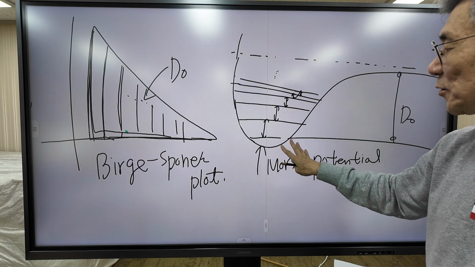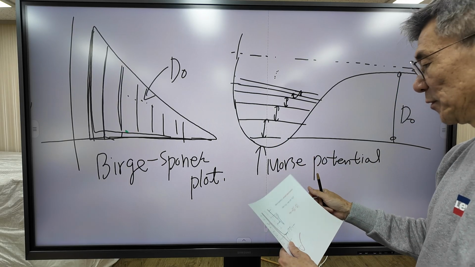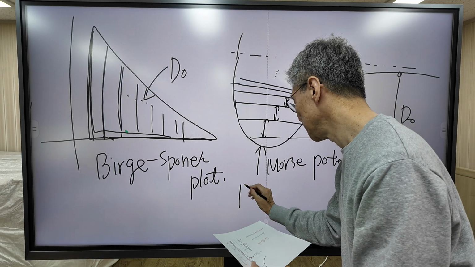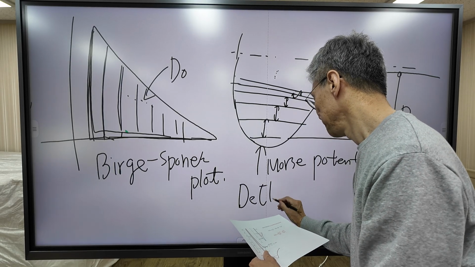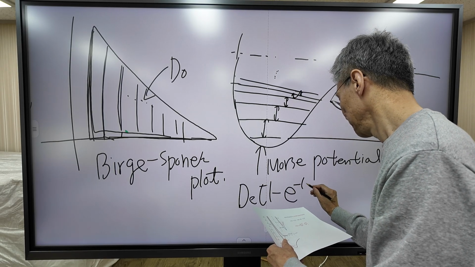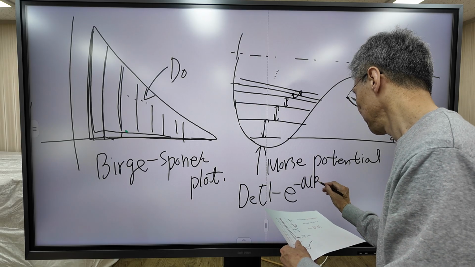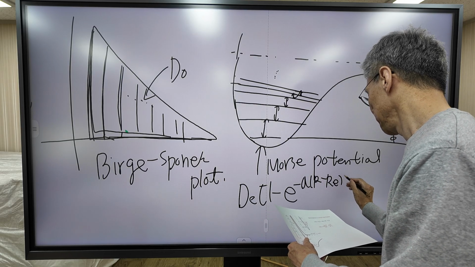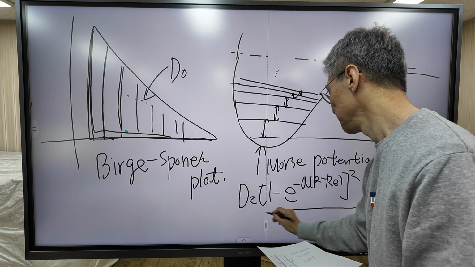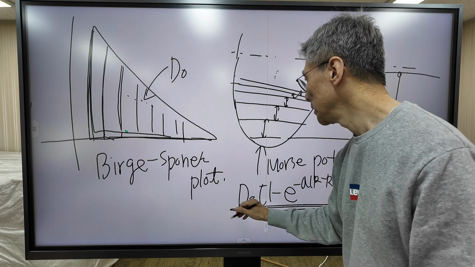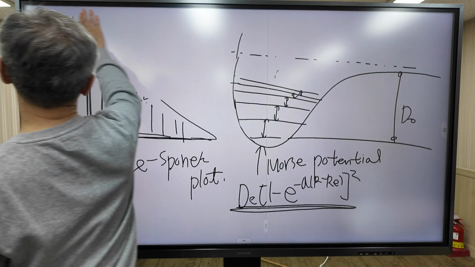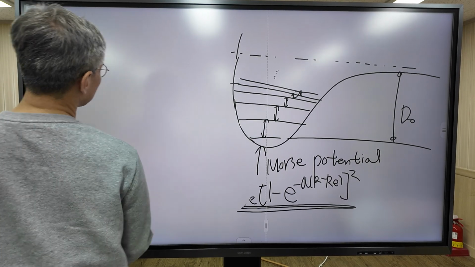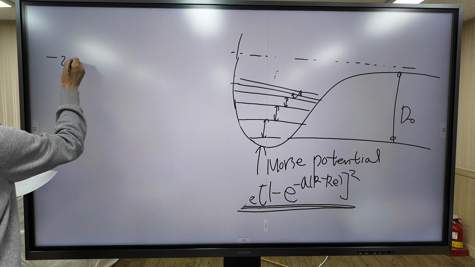The generally used potential for anharmonic potential is called the Morse potential, which looks like this.